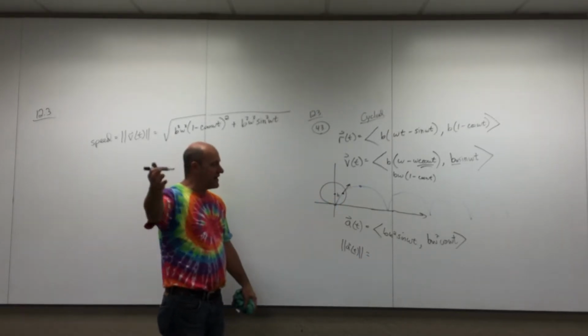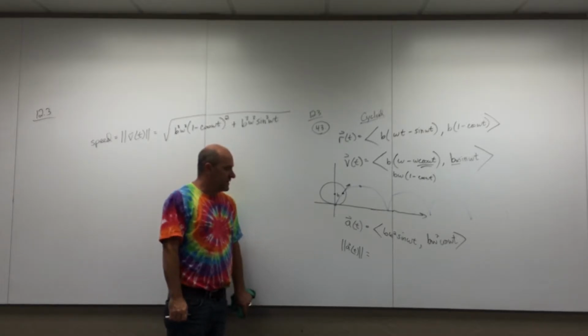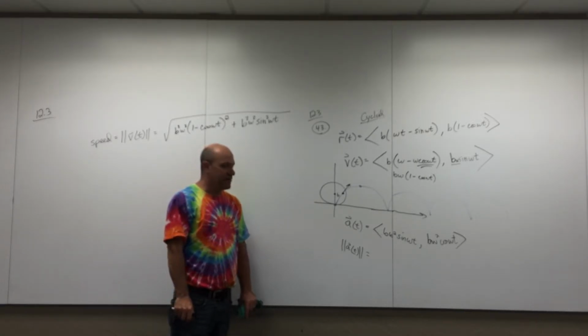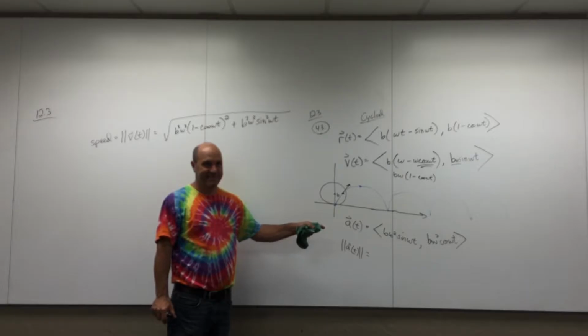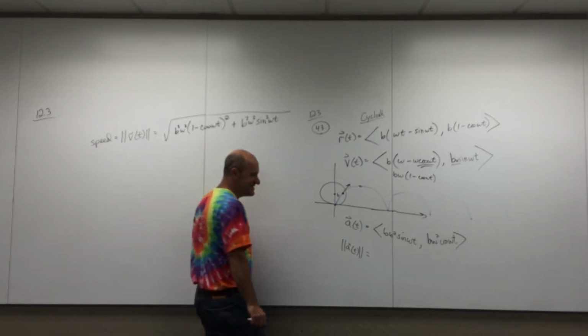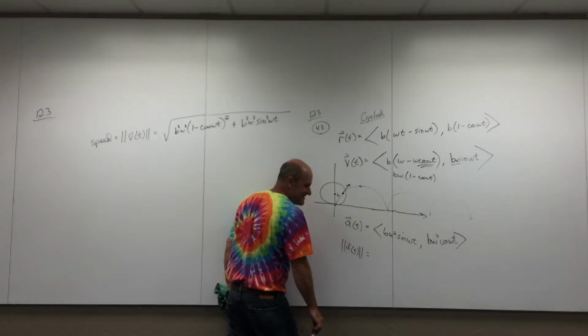I can just tell it to you right now, not because I'm so brilliant, but because I've got experience. It's a Pythagorean identity when you factor out the b omega squared. So is it b squared omega to the 4? Well, but then it's in the square root.